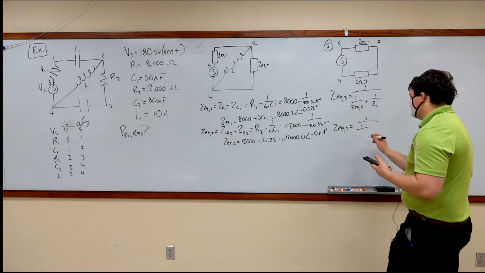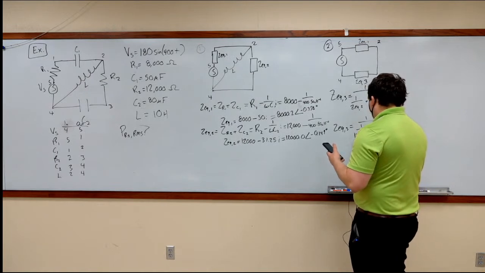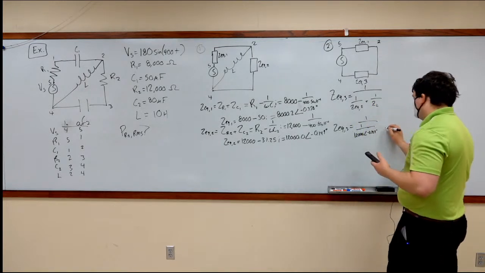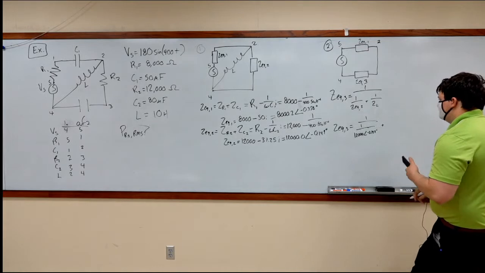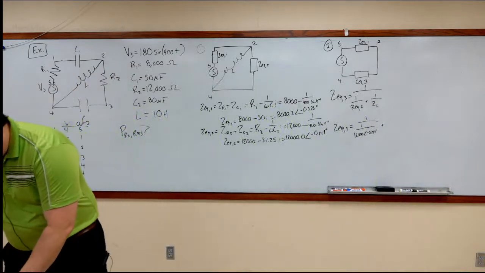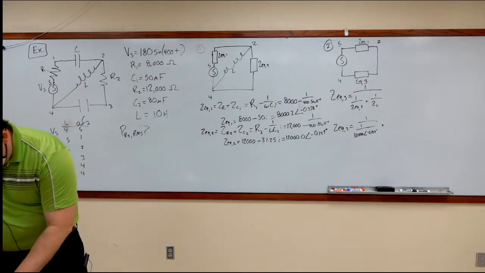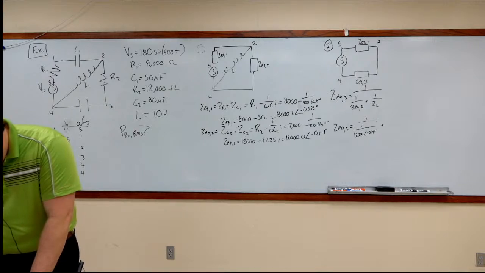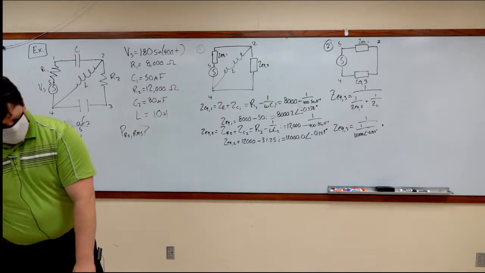So if we plug in 1 over 12,000 at an angle of negative 0.149 degrees, plus 1 over ZL. When we calculate that one, I guess you can plug in 1s and j's, but it's gross.